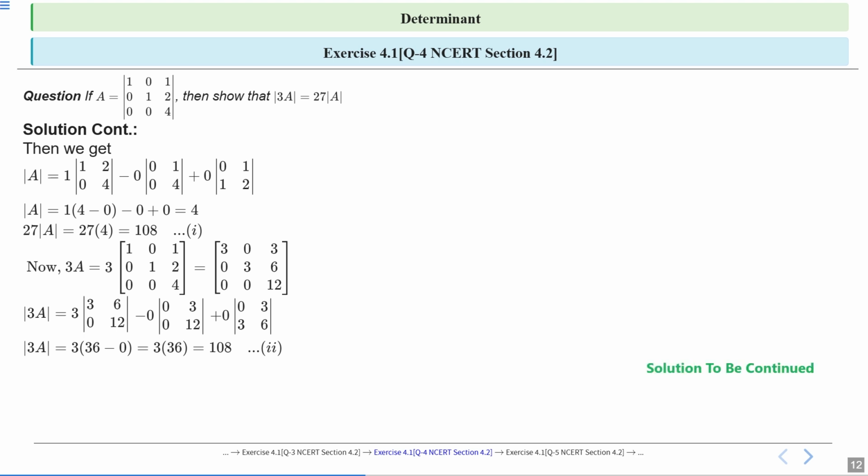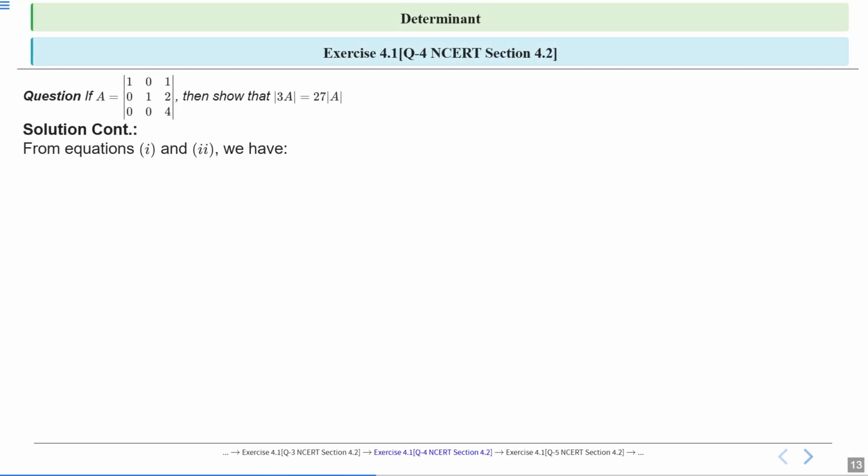And clearly from equations 1 and 2, we can see that determinant of 27 into determinant of A is 108, and determinant of 3A is also 108. Hence, determinant of 3A is equal to 27 into determinant of A.